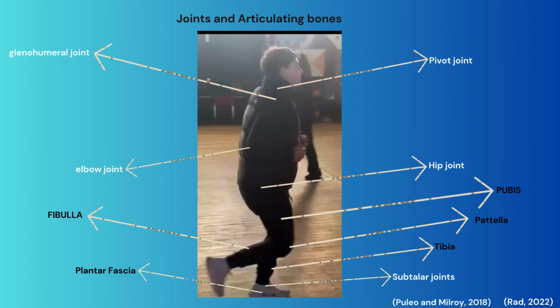So the bones are the tibia, patella, pubis, which is the bone that is between the hamstring and the quadriceps, fibula and plantar fascia, which is like the bone in the lower part of the foot.